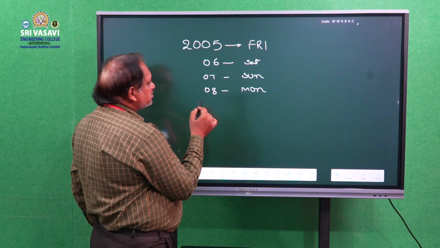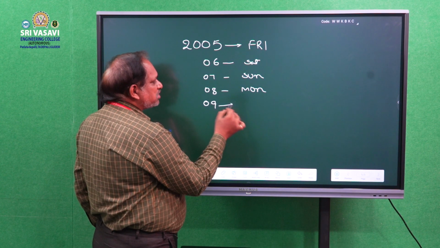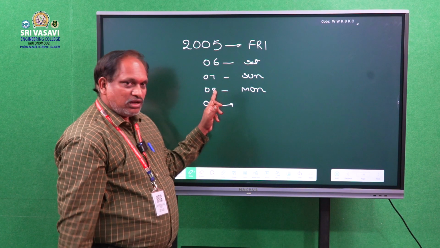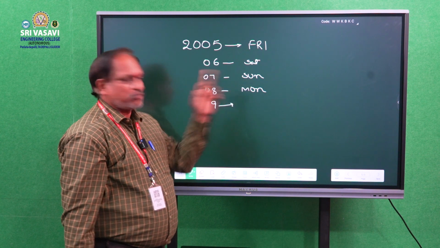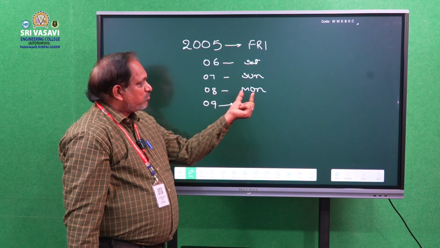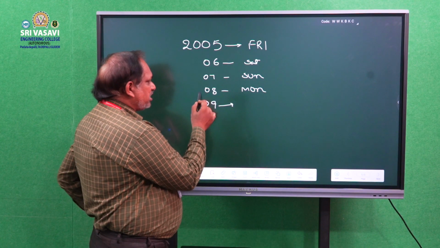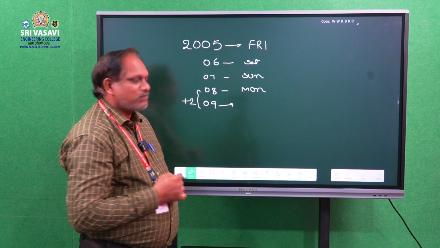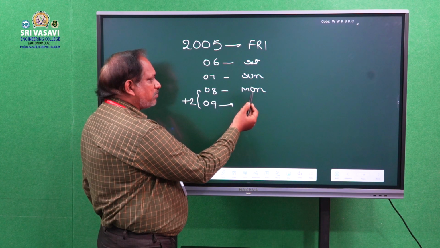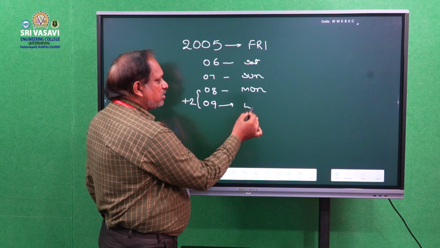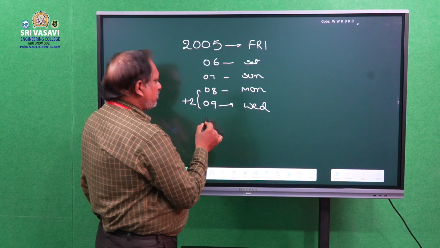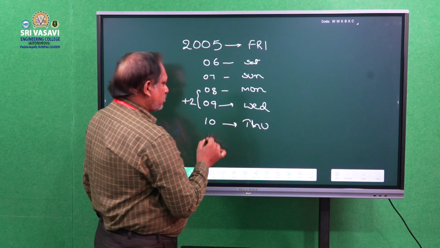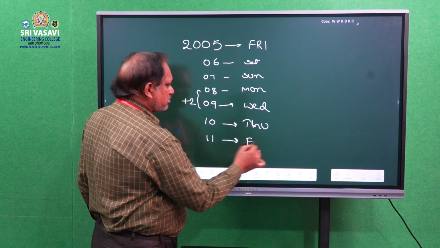But when 2009 comes, what happened in this 2008 leap year? Leap year means in this calendar February gets 1 more day added. So +2 will come here. From 2008 to 2009, the leap year is included in the odd days, therefore +2 will come. Therefore instead of Tuesday after Monday, it is Wednesday. Then 2010 is Thursday. 2011 is Friday.